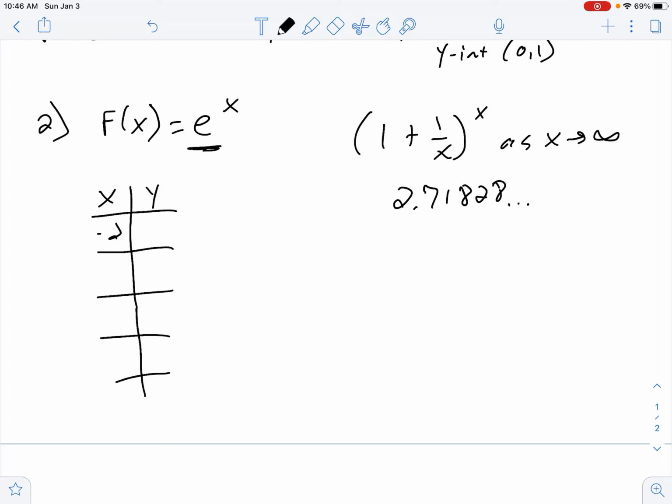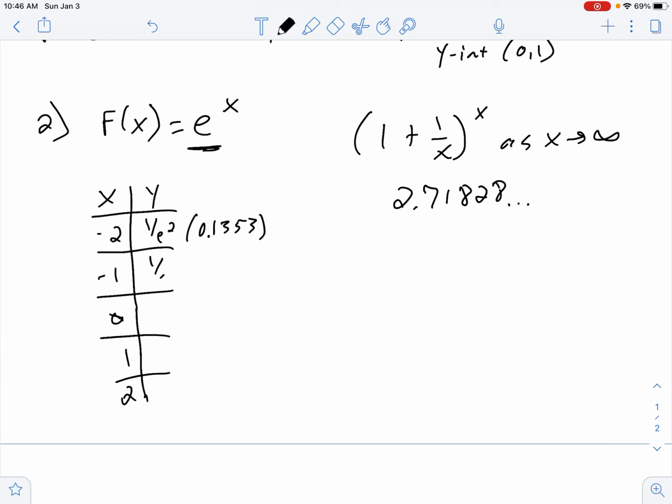So if I were to do -2, -1, 0, 1, and 2 and put those values in there, you would get approximately: this would be 1 over e squared, which is about 0.1353.